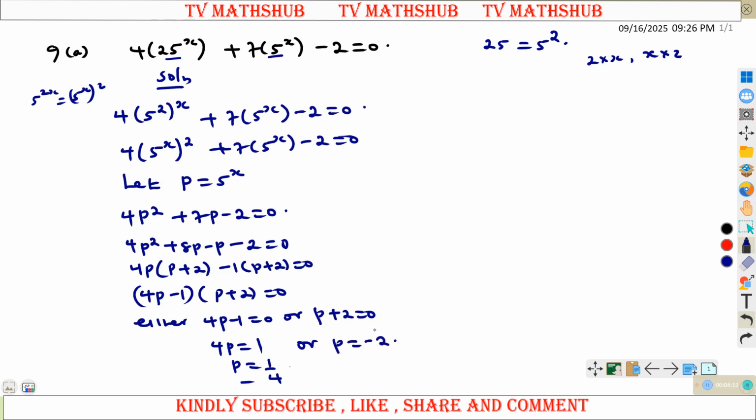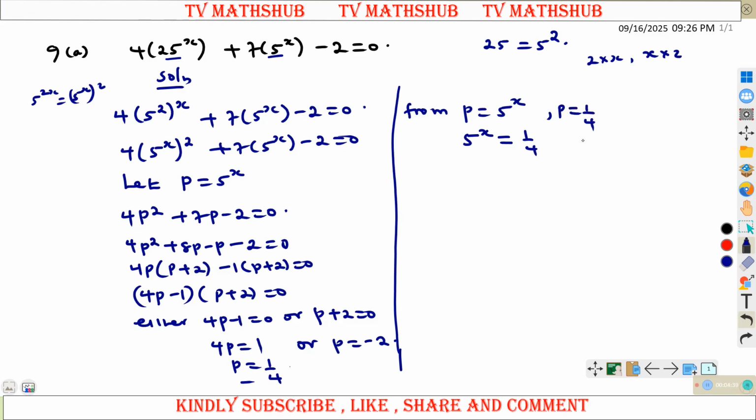That is basically what we have. From this, we know that p is 5 to the power x. What does that imply? It implies that 5 to the power x equals a quarter, when we consider p as 1 over 4.